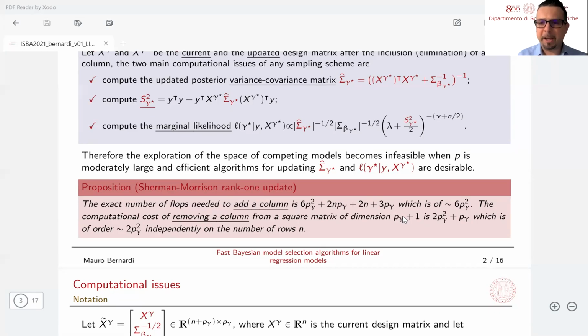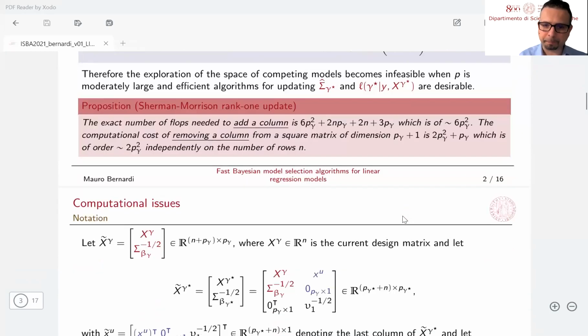For a dimension of the parameter space equal to p gamma, the Sherman-Morrison rank 1 update requires 6 times p gamma square operations to add a column and 2 times p gamma square operations to reduce the set of covariates by deleting one of them.